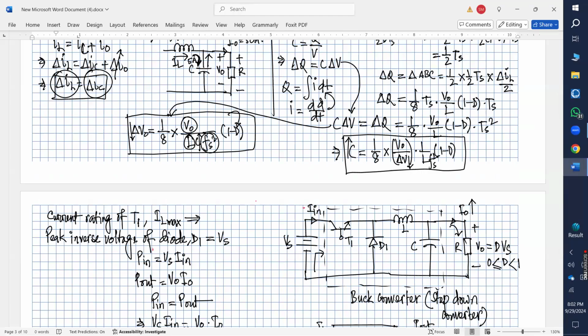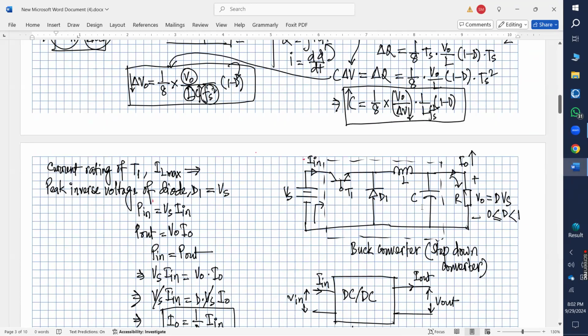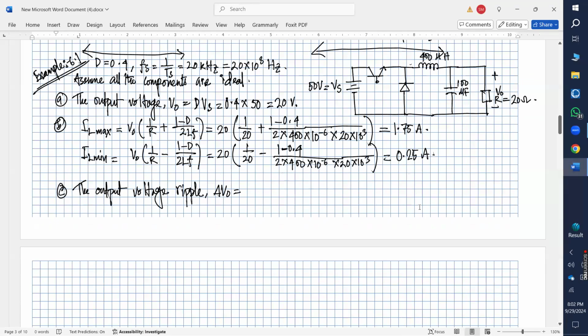So my del V naught is 1 over 8 multiplied by 1 minus D into V naught over LC Fs whole square.